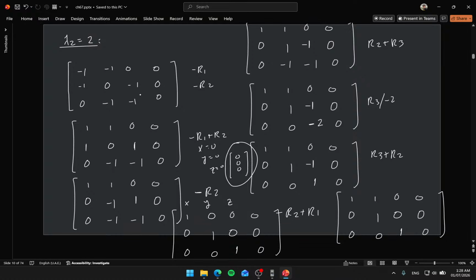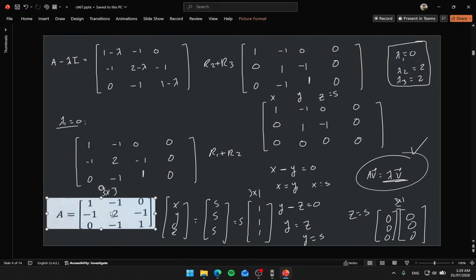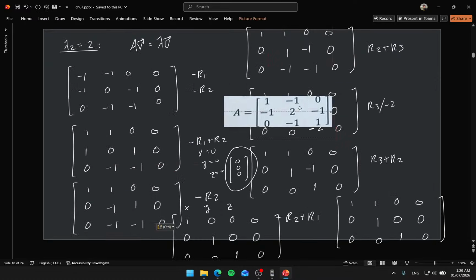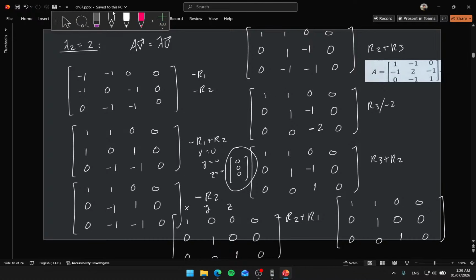Let's check. So A times V equals lambda V. So let's multiply matrix A times V. So 1 times 0. Oh, it's all zeros.